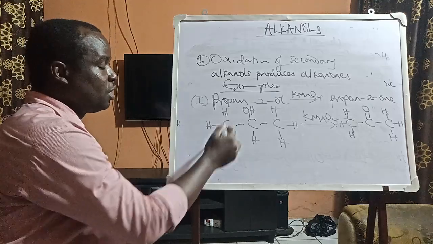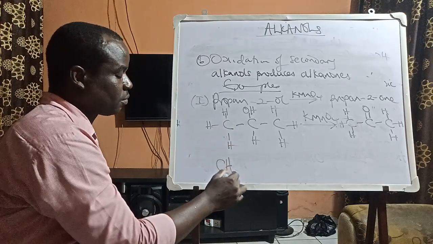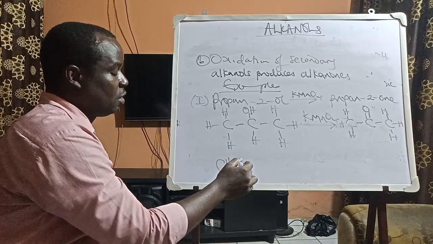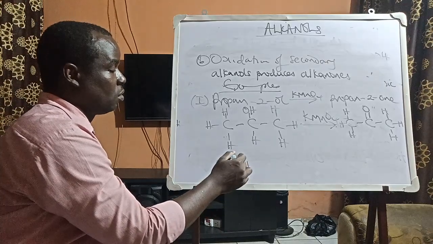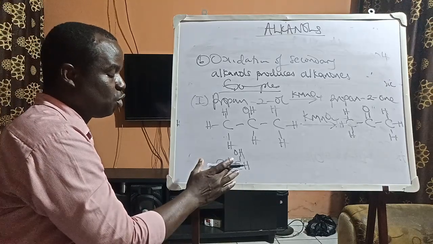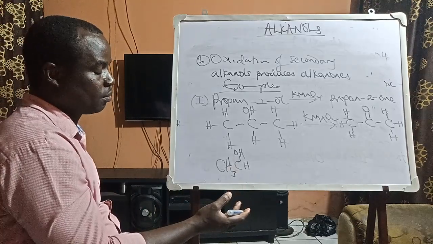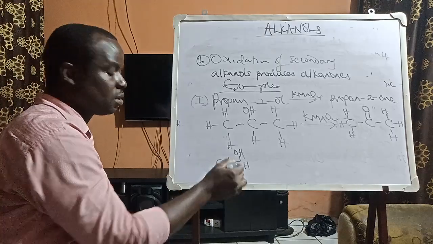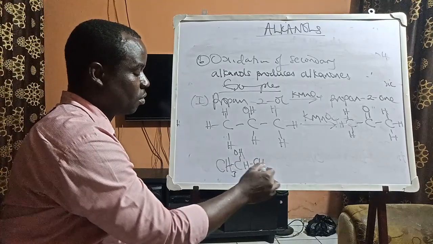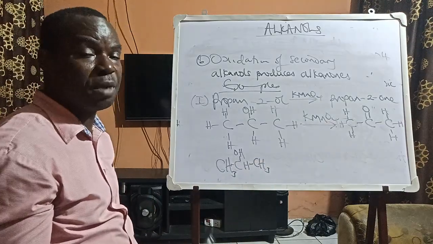Now the summary will now be here. We have CH3, CH, OH. You can put this bond if you like. You can put this bond if you like. Don't put it. You see the same thing. So if I want to put, I can do this, and I can put this one. If you like, don't put it.